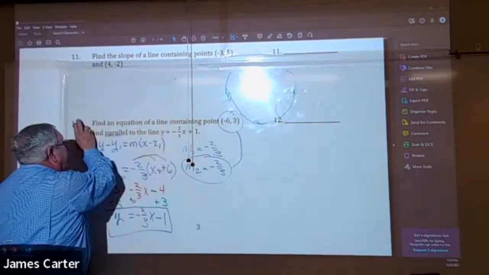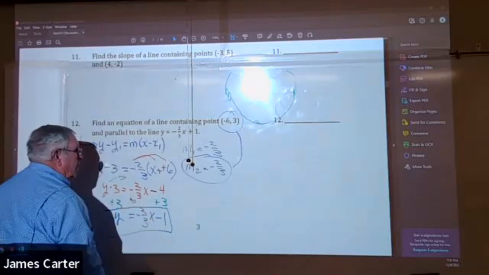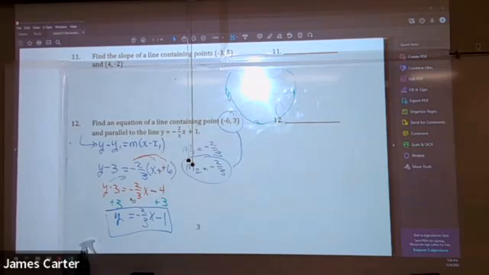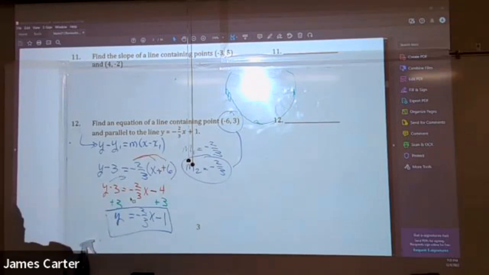So if it's parallel to a line, does that mean it's always going to be the plus and minus in the original answer? If they're parallel lines, whether it's straight up and down, or at this angle, or at that angle, the slopes are always going to be the same.